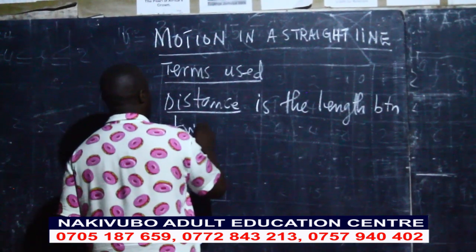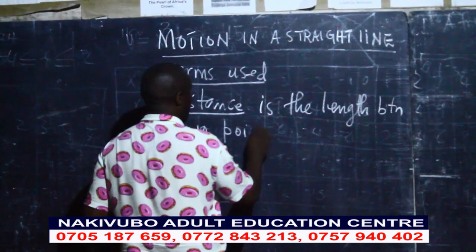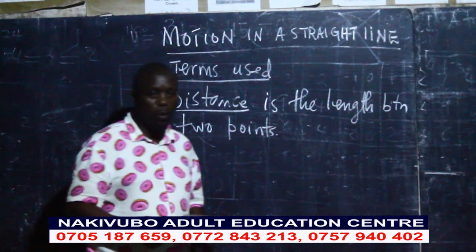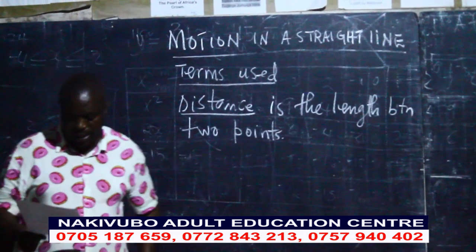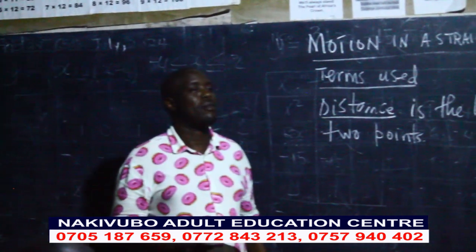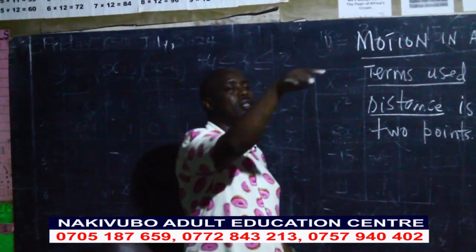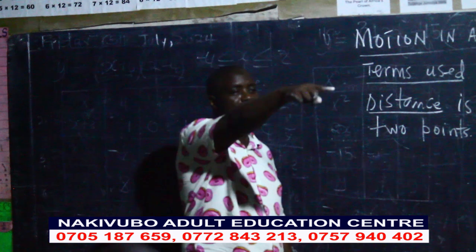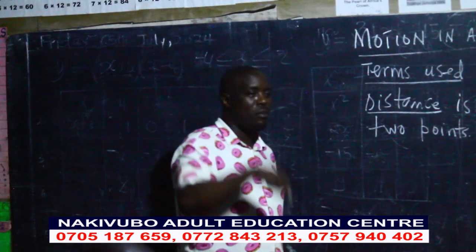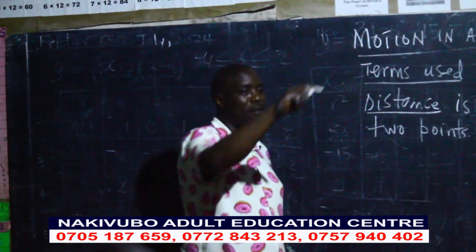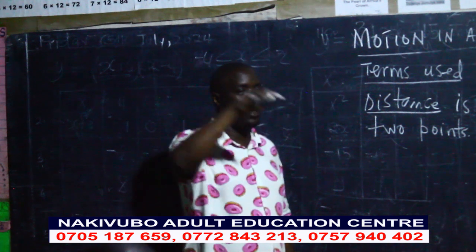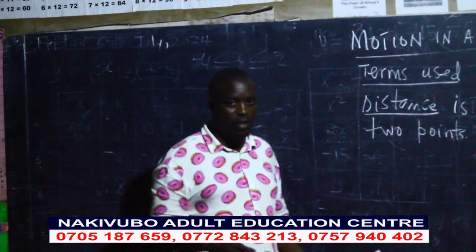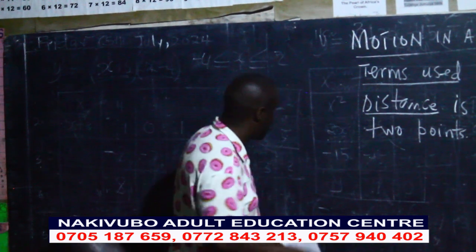The length between two points is known as the distance. So the length from here to there is d. You can ask, what is the distance from Masaka to Mbarara? What is the distance from Kampala to Jinja? The length between Kampala and Jinja is known as the distance.